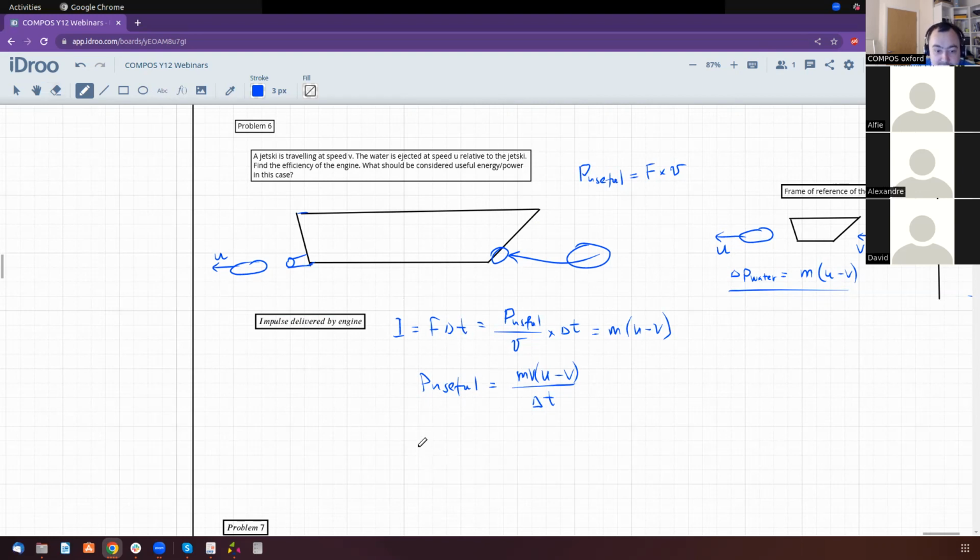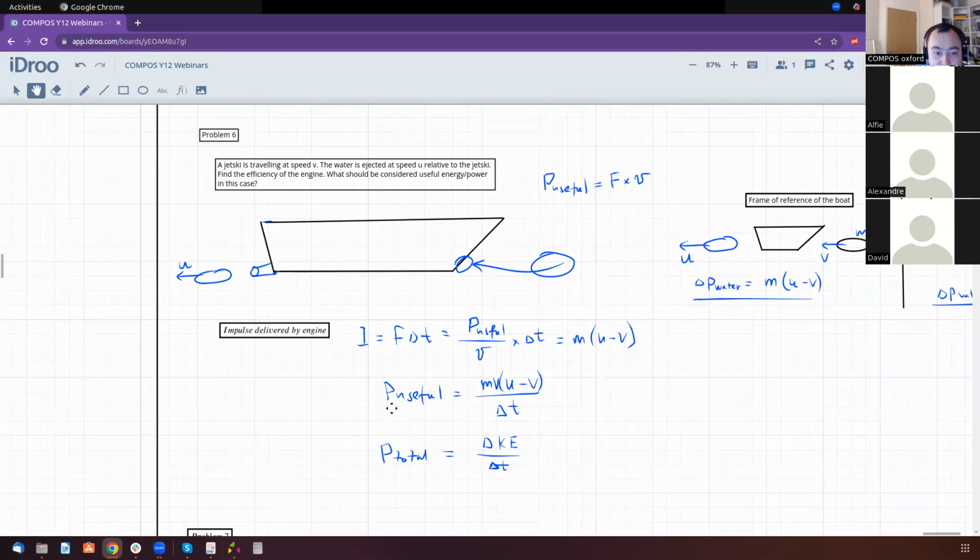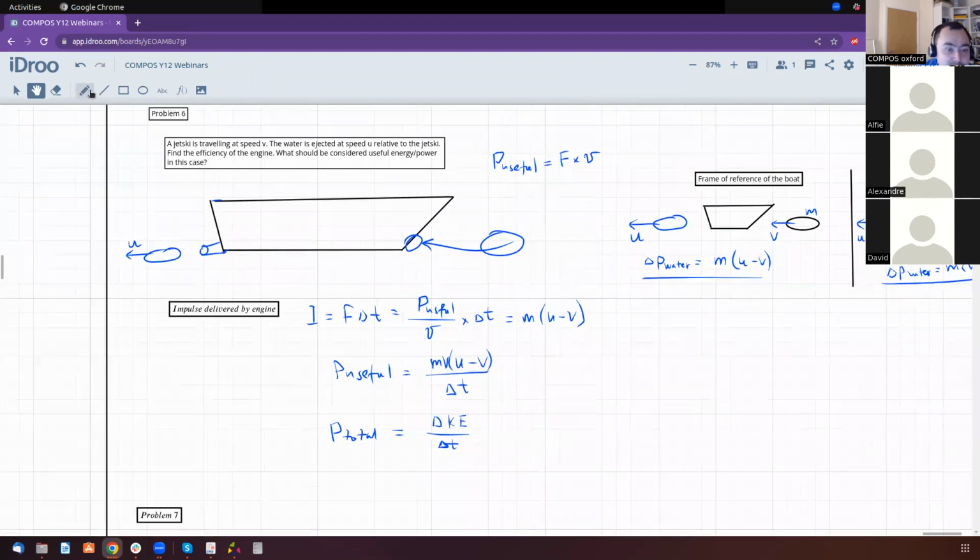The total power is the change in kinetic energy of the water divided by delta t, because the water changes kinetic energy. The boat does not change kinetic energy, and so that's equal to 1/2 m u squared minus 1/2 m v squared, divided by delta t.